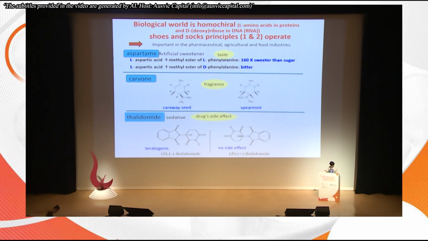And the more serious case is the thalidomide case. With the drug's effect, one is teratogenic, one works as a sort of sedative. So the FDA made new rules: the drugs have to be separated into left and right, or it has to prove there's no harm if you give it as a racemate, that is a one-to-one mixture of left and right.